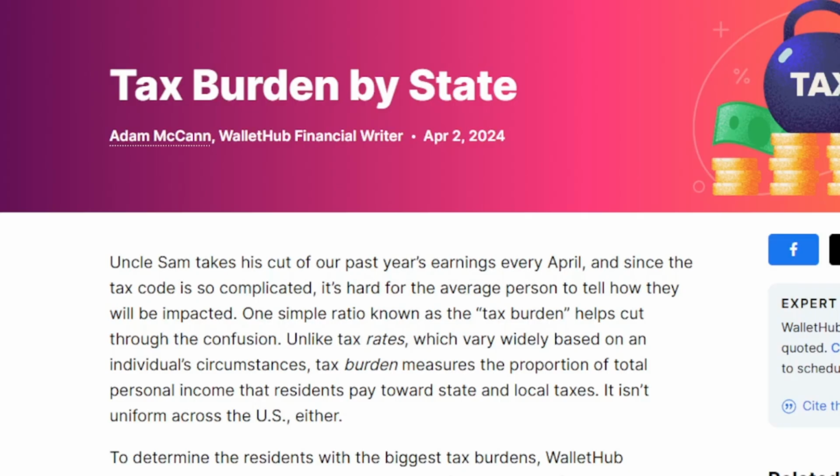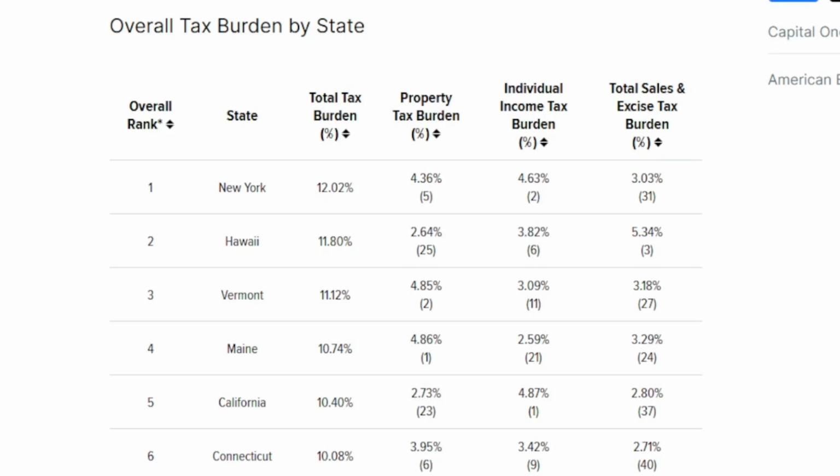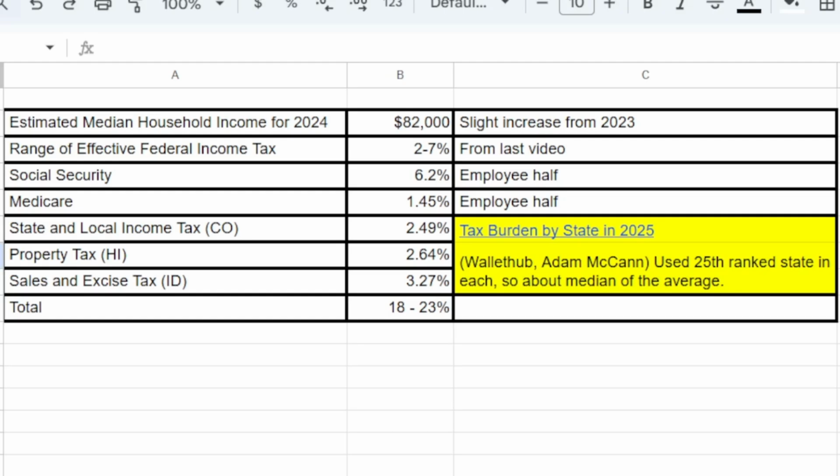I used state tax burden rates from this WalletHub article by Adam McCain. It ranks each state by total tax burden, property tax burden, individual income tax burden, and total sales and excise tax burden. From the article, I used the 25th ranked state in each, so about the median of the average.